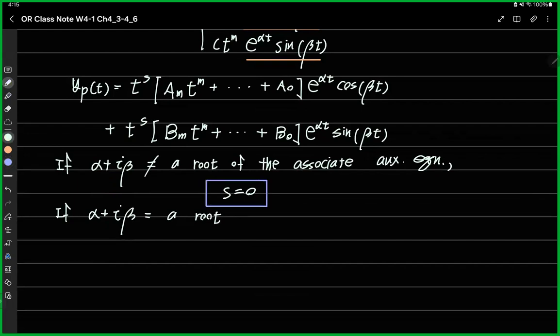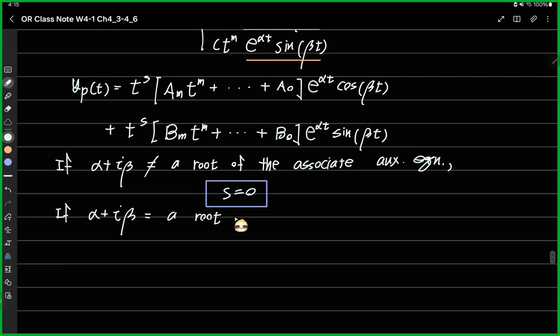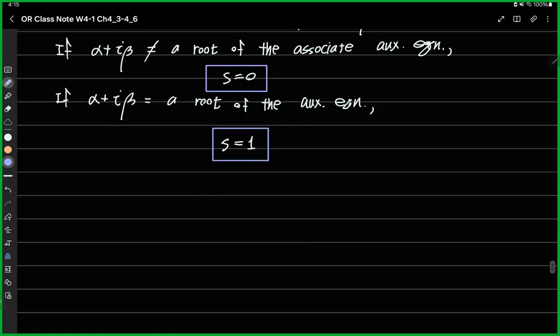And then if alpha plus i beta, the one from the external force, is a root of the aux equation, then s must be 1 to make it a function which is linearly independent.